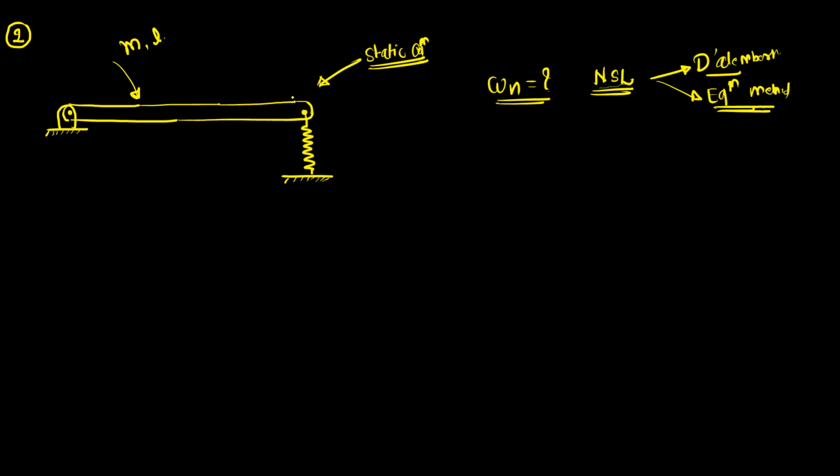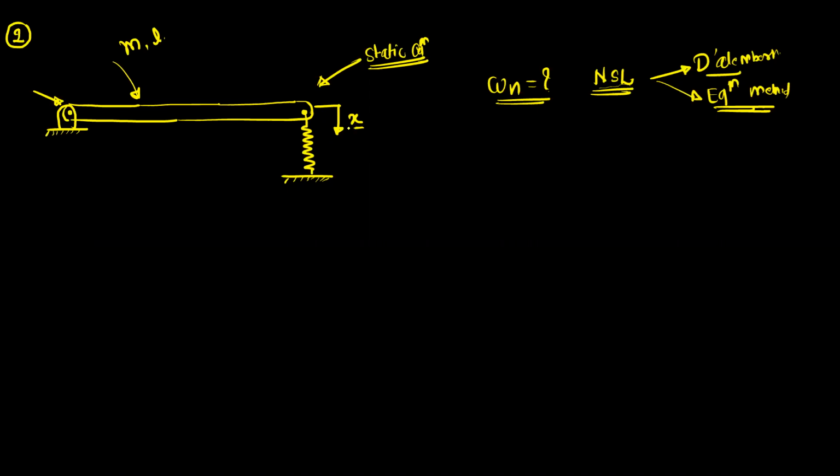Here, if you press this free end by applying some force F only at the initial condition, and then release that force, the system will start oscillating about this pivot point. Because of the initial force, there will be some initial displacement at this free end. Assume this as an x displacement.